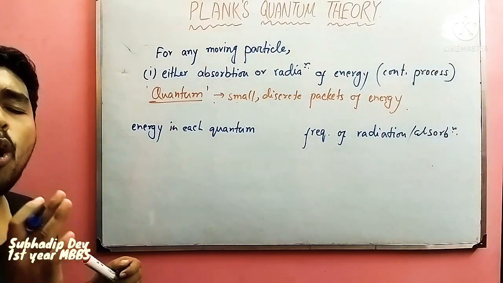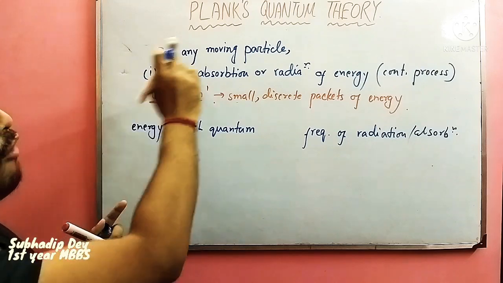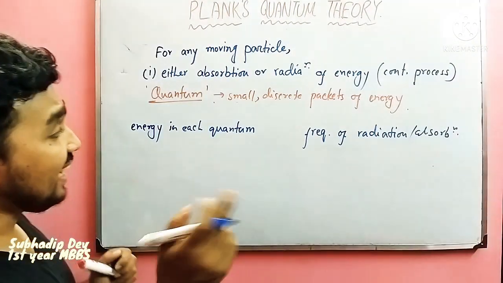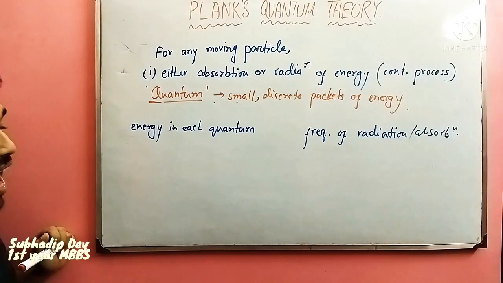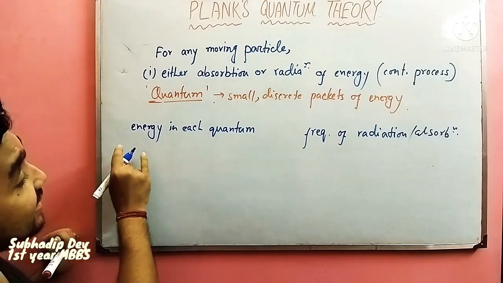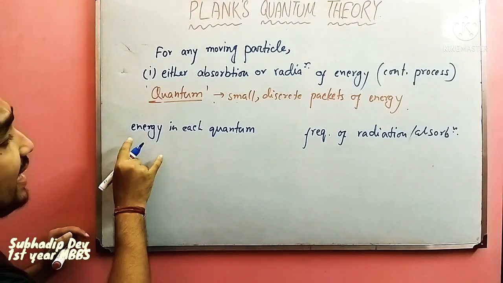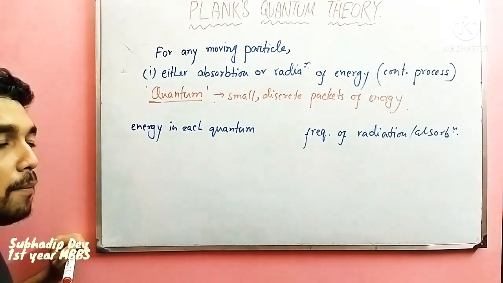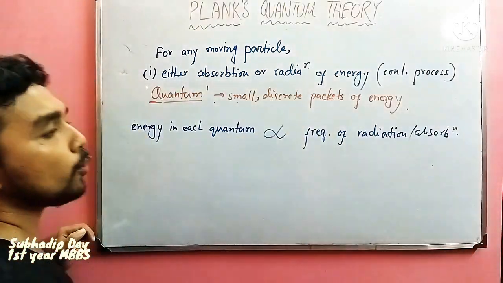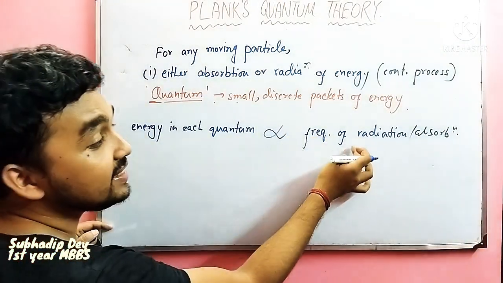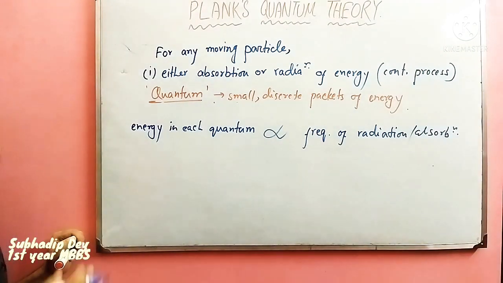This is the most important concept of Planck's quantum theory. He gave us the concept of quantum and he also gave us the relation. He told that the energy in each quantum is directly proportional to the frequency of radiation or absorption of energy.